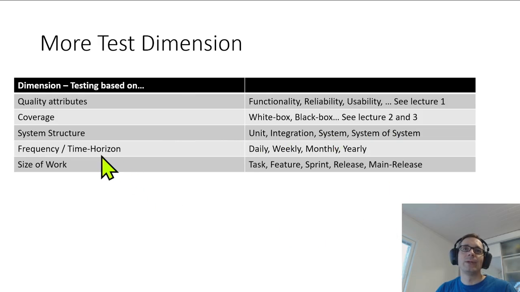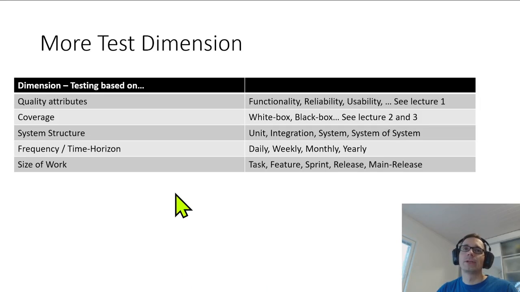We can have the frequency or the time horizon, so what activities we do daily, weekly, monthly, yearly, or finally the size of work. So quality assurance activities that are part of each task, each feature, each sprint, each release, each main release. So currently we have 5 dimensions for the testing process.